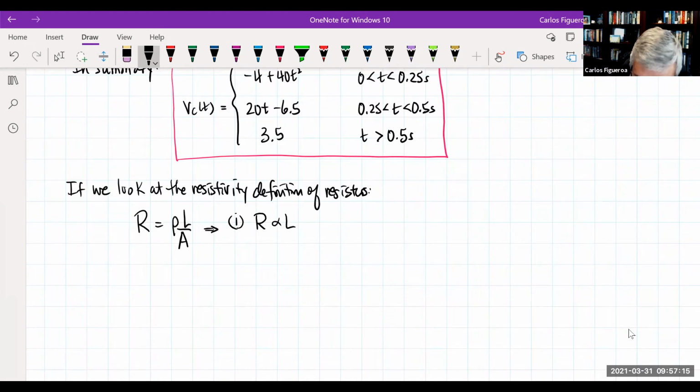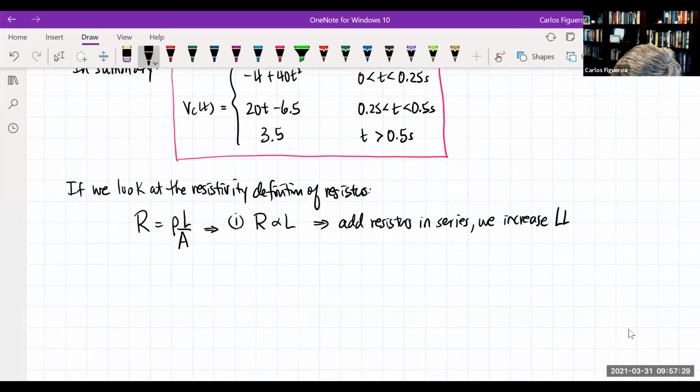And so what we find here is that R is proportional to L. What this tells us is that as I add resistors in series, we increase length.